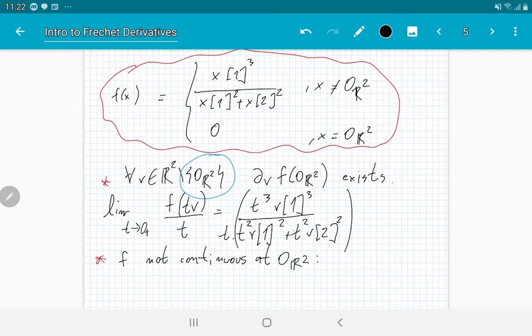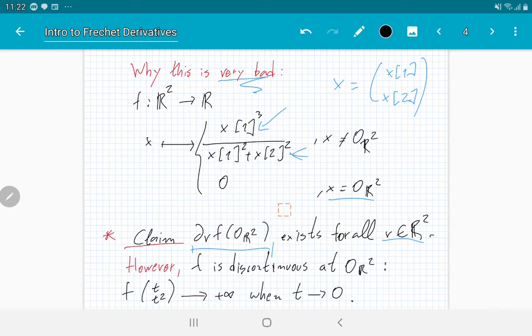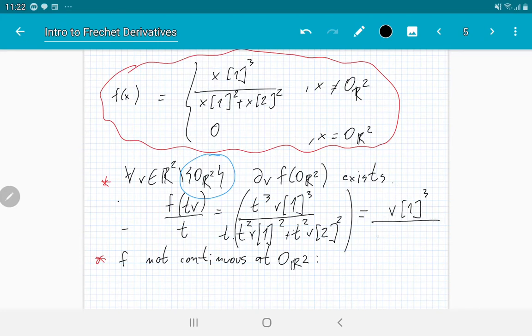So if you see what you get, this is exactly equal to the first coordinate cubed. So I said it was always going to be 0, so that's not true. Sorry about that. I made a mistake here. Basically, this is what you're going to get.